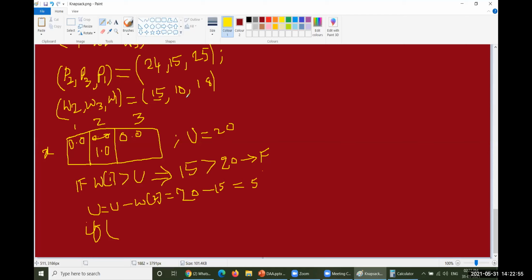The next element is W3. Is W3 greater than U or not? Let us check. What is the value of W3? 10 is greater than 5. Yes, it is true. Since it is true, X of 3 will be calculated.